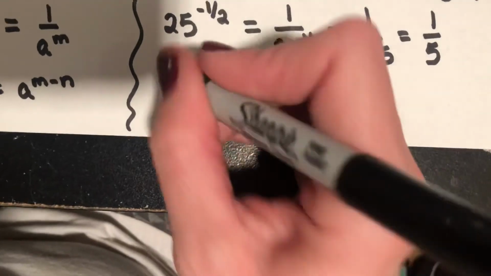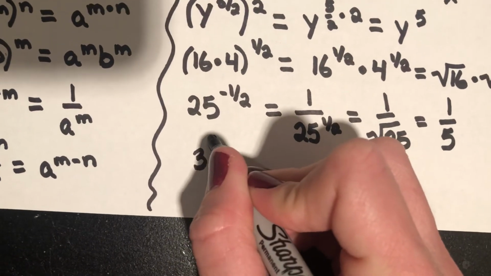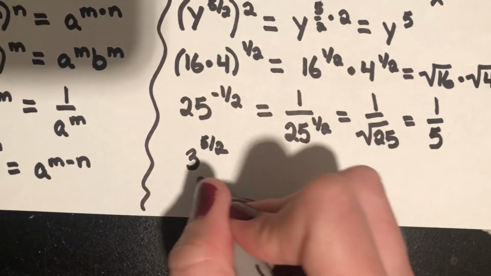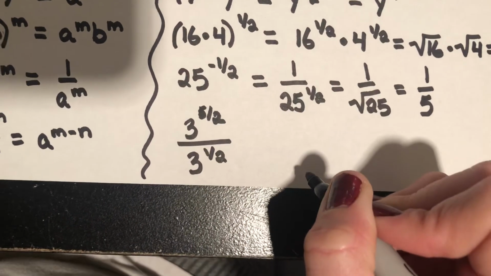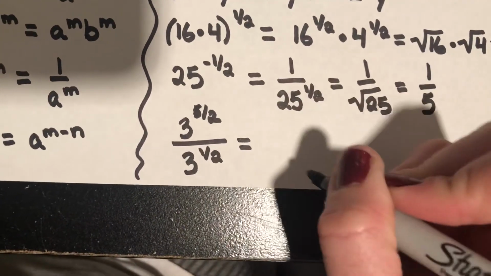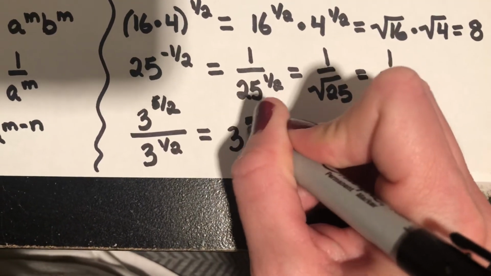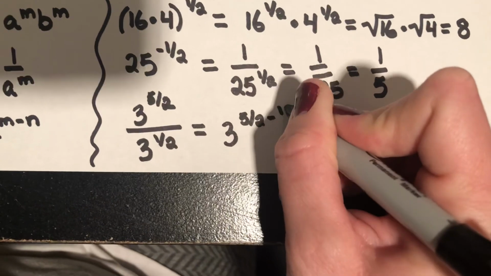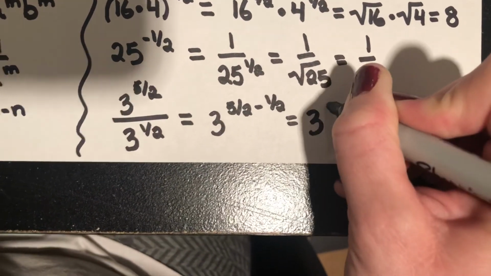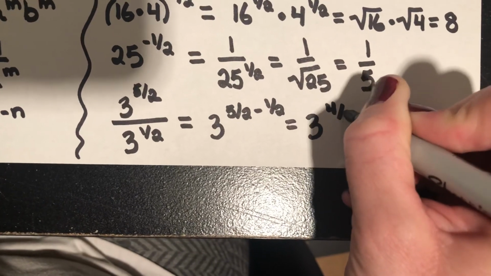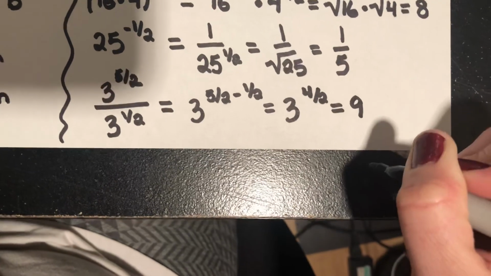Our last one here. Let's go 3 to the 5/2 divided by 3 to the 1/2. Well, we are going to be subtracting the exponents, so we have 3 to the 5/2 minus 1/2. This is the same as saying 3 to the 4/2, which is 3 squared, which is 9.